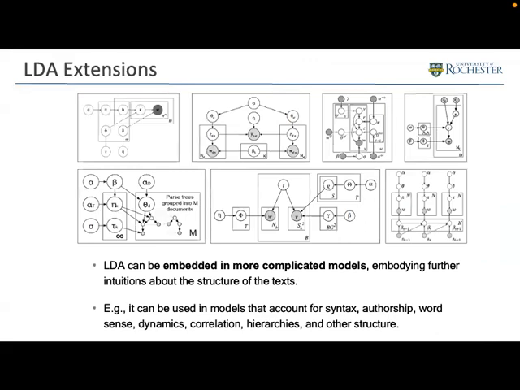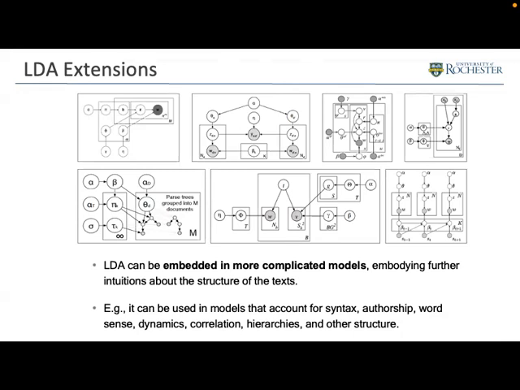There could also be some extensions of the LDA. The LDA can be embedded in more complicated models for the intuition of the structure of the text, because it can select what the topics of the current document are. It can also assign each of the words a probability for the current topic.